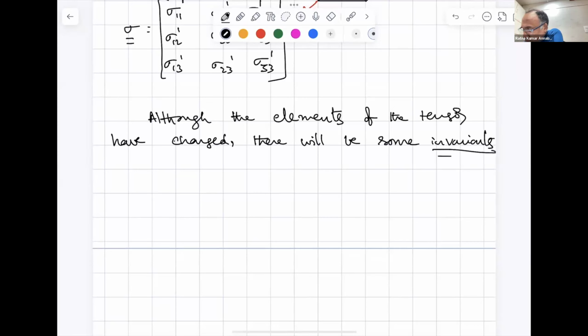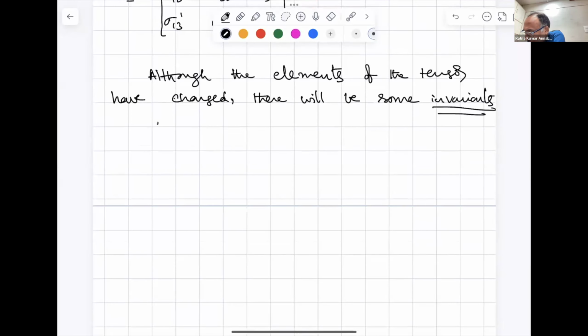Like the magnitude did not change for a vector, for a tensor there will be invariants. So if it is an nth order tensor, it will give you n invariants. No, sorry, I would not call it n invariants. If it is represented as a 3 by 3 matrix, then you will have 3 invariants.